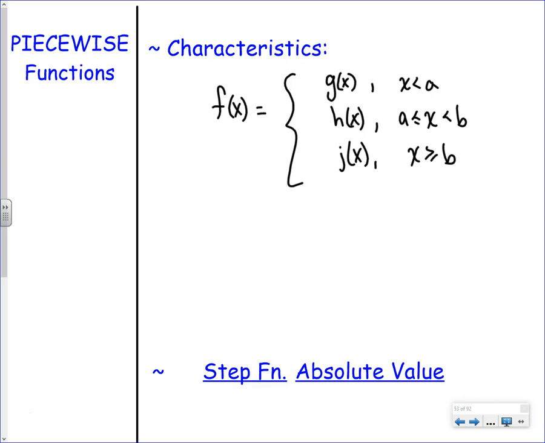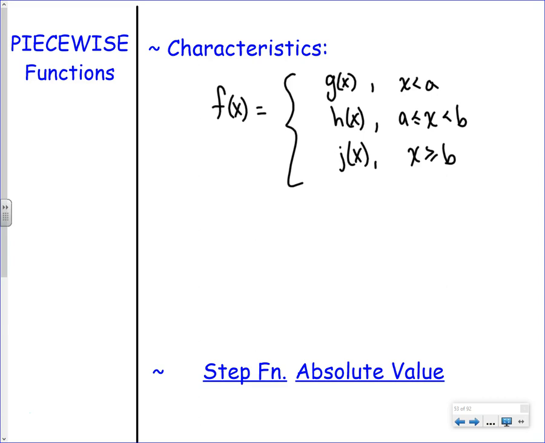There are different ways the inequalities can even appear. You could have an inequality where you have a sandwiched x value, with one piece going to the left of a, one piece in between a and b, and one piece to the right of b. Anyway, there are different ways the inequalities can appear. There are different ways the functions can occur. There are even different numbers of pieces.